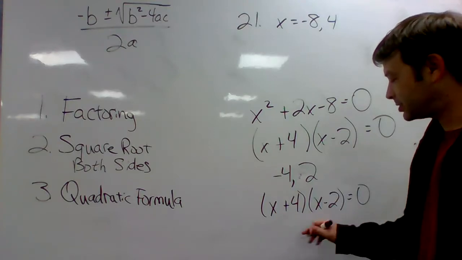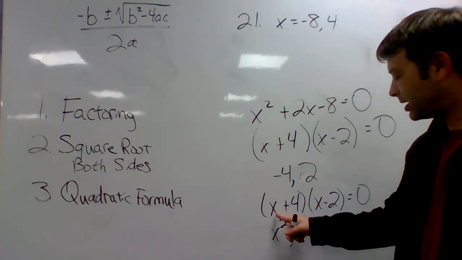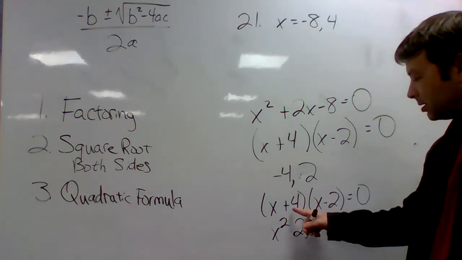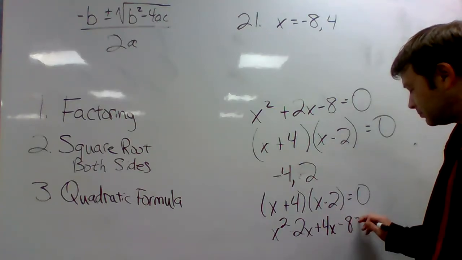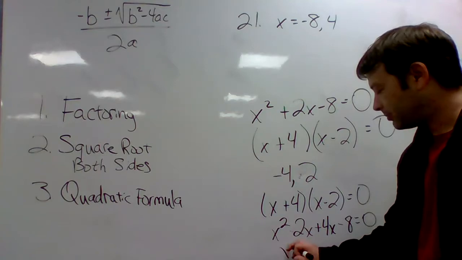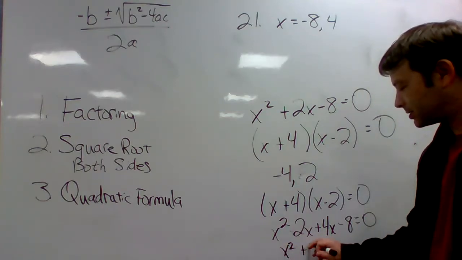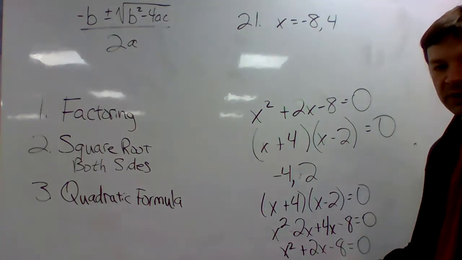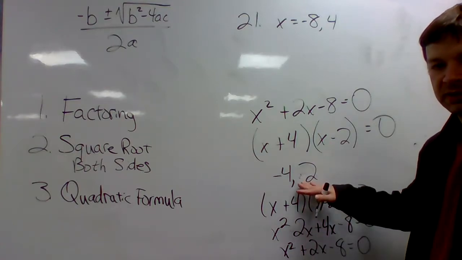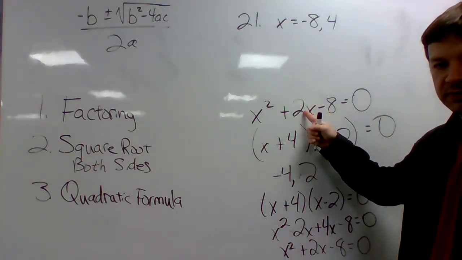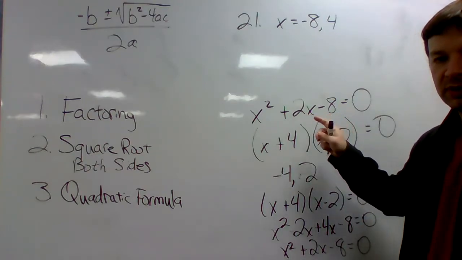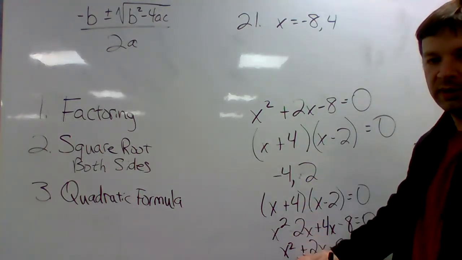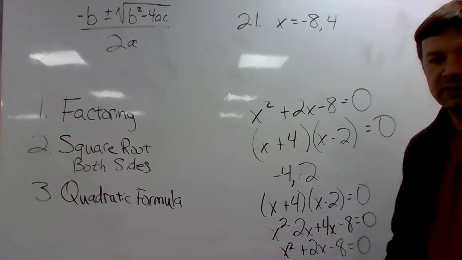So FOIL x times x, outside x times negative 2, inside 4 times x, last 4 times negative 2. Add my middle terms together, negative 2x plus 4x. That would be the equation that has these solutions, which is exactly what we started with. So on this problem, we're starting with the answers and working our way down to find the equation that would have those answers.